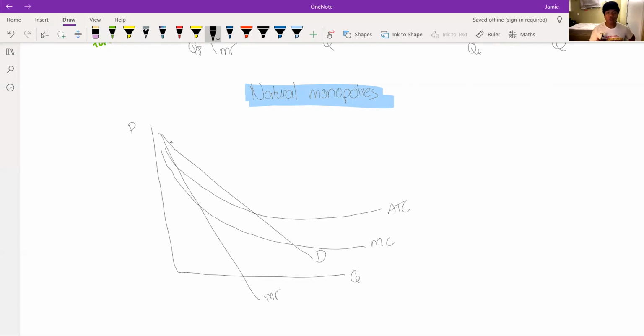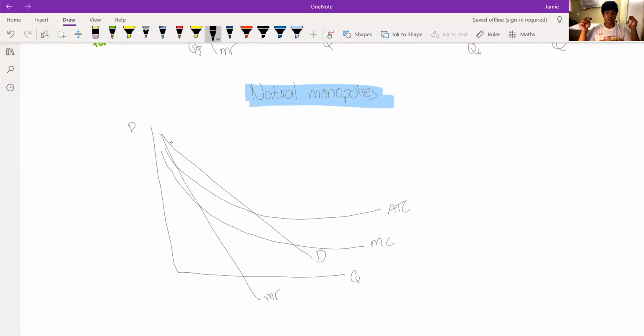And one thing I want to note with a natural monopoly is it is ideal to only have one firm. If another firm decides to enter that market, that other firm will have to spend a lot of money on capital requirements to run the natural monopoly.